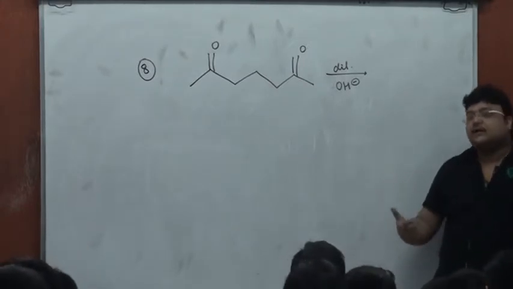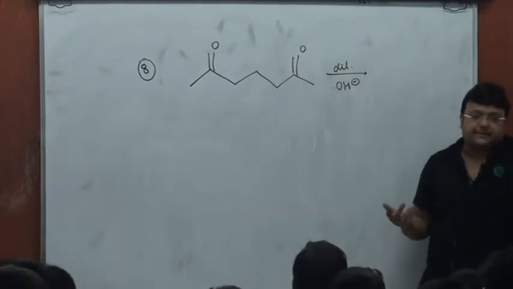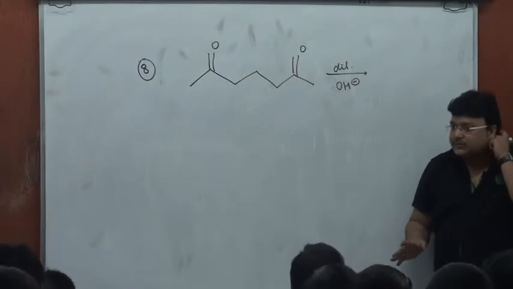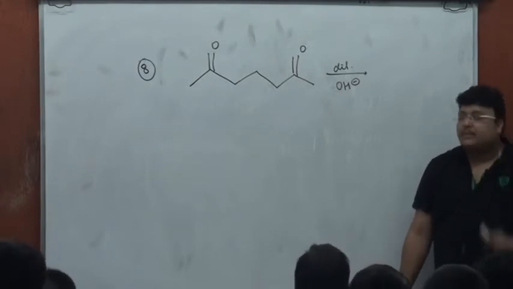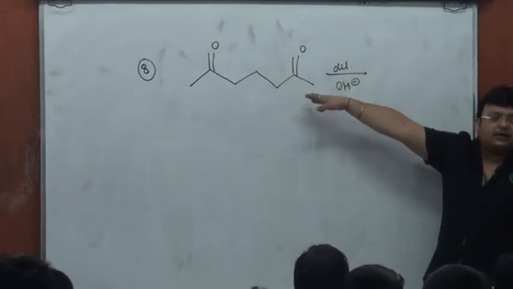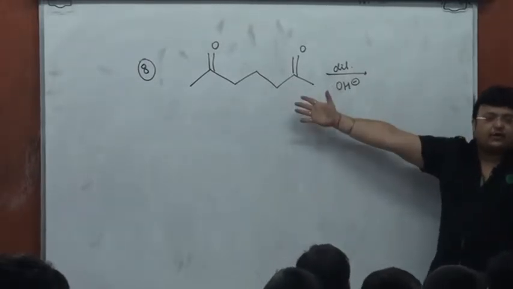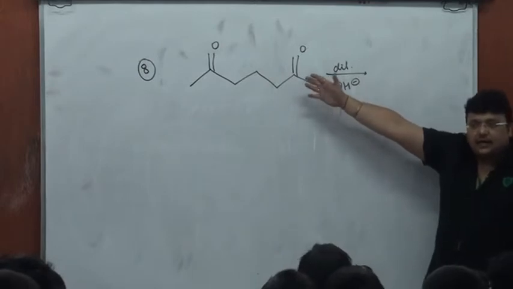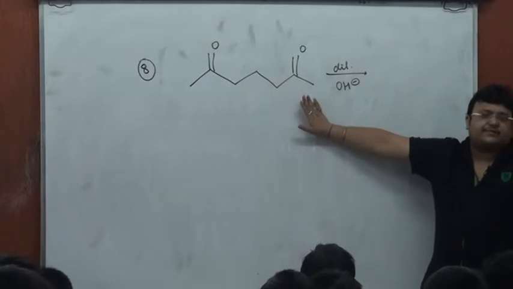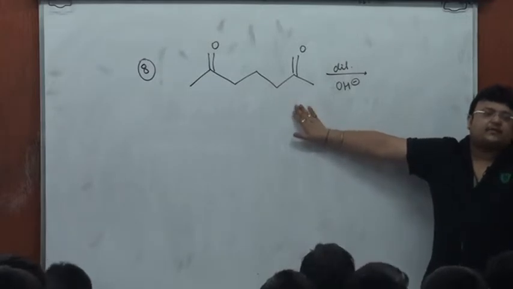Because the molecule contains 2 carbonyl groups, it will not need 2 moles. Yes or no? Maybe one half of the molecule will lose alpha hydrogen and attack another part of the molecule. With this particular structure, 2,6-heptanedione, tell me how many products you expect.